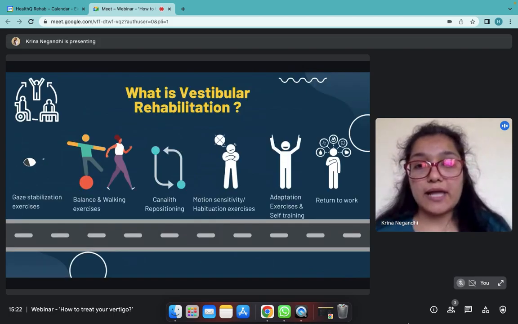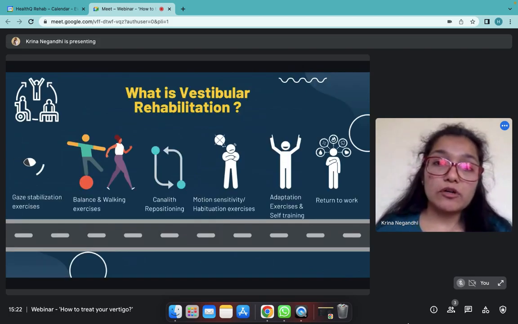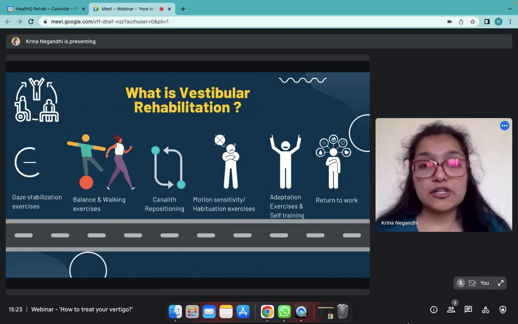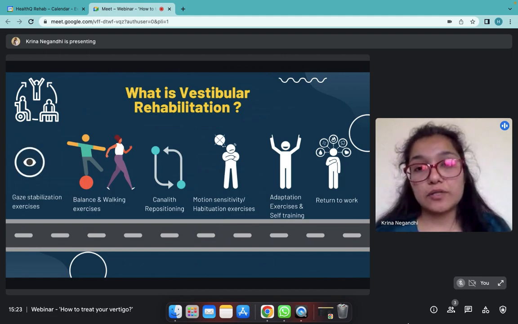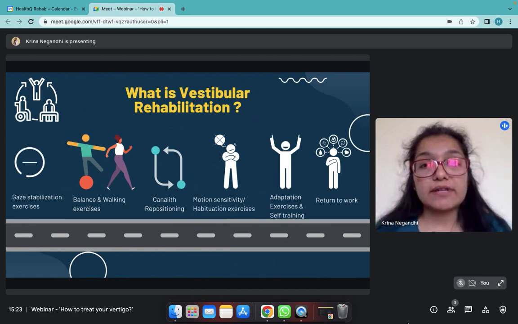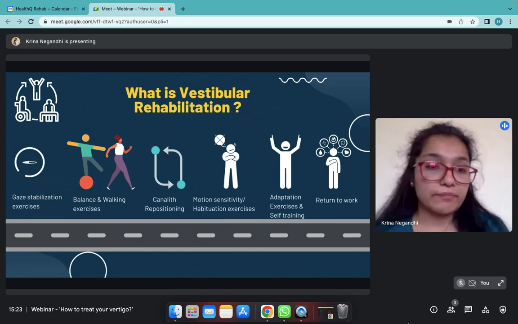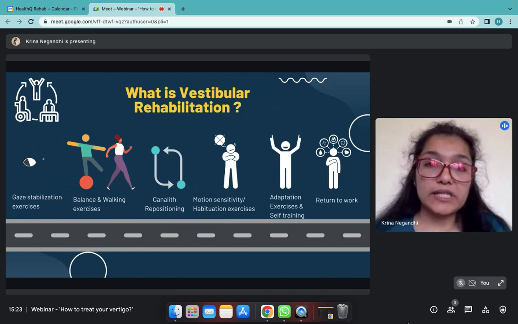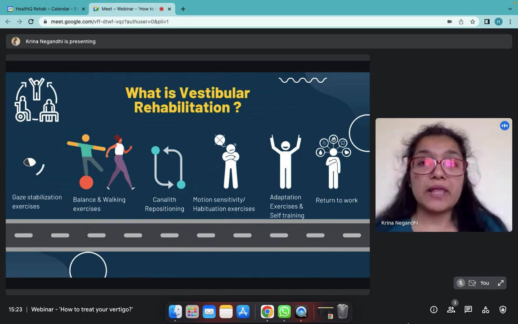Hence, how does the vestibular system help in recovery? The role of physiotherapy is very important and crucial in compensation for the central approach. Central compensation of the vestibular system is helped by vestibular rehabilitation. What is vestibular rehabilitation about? It comprises gaze fixation, where eye movements and eye exercises are done.